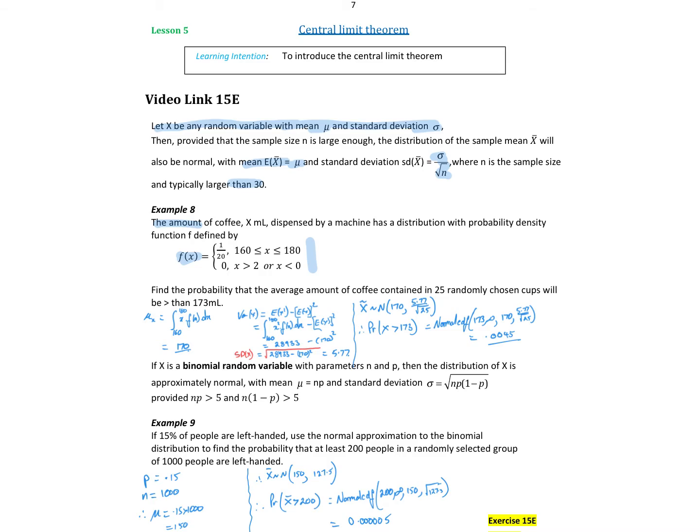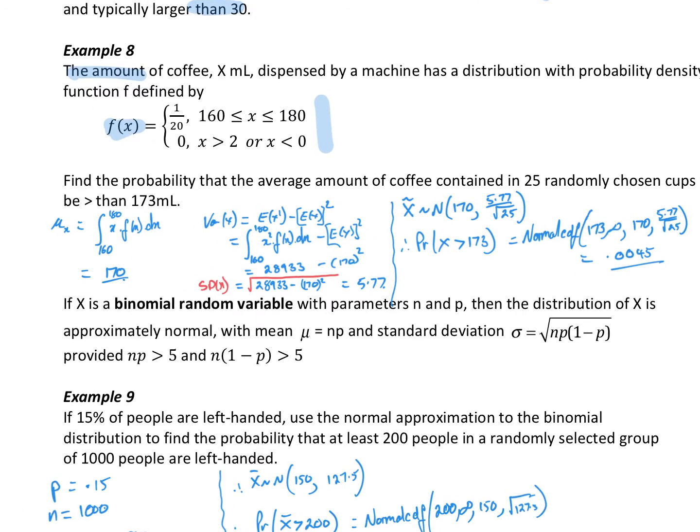So first things first, the mean of this distribution, remembering from our continuous stuff, the mean of a continuous distribution is x times p of x still, between 160 and 180, x times f of x dx, and I get 170. Straight onto the CAS. Variance, E of x squared minus E of x all squared. E of x squared is x squared times f of x dx. So 160 to 180, x squared times f of x dx, minus E of x all squared.